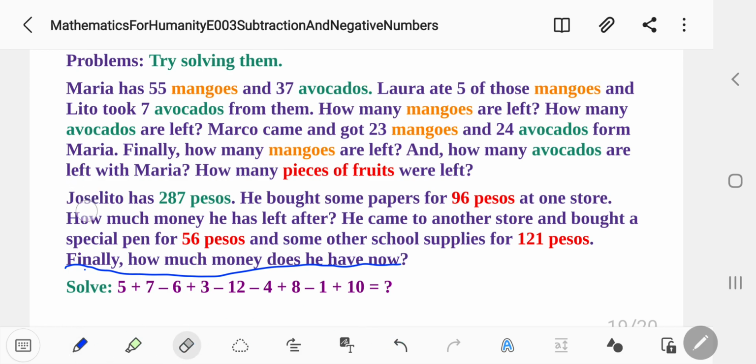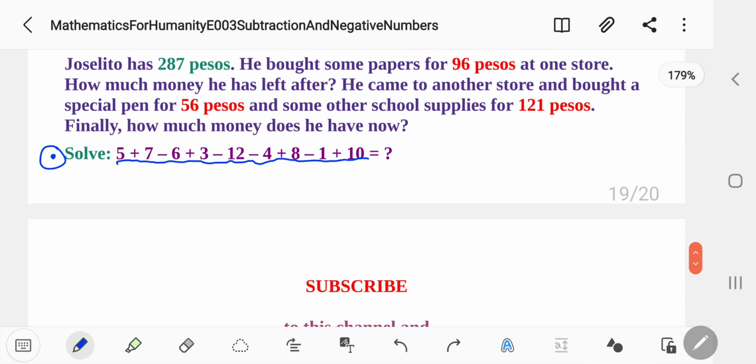So, let's try this third problem here. Solve 5 plus 7 minus 6 plus 3 minus 12 minus 4 plus 8 minus 1 plus 10. What you will do there is rewrite this, because in addition of numbers you can interchange the order for as long as you carry the sign.